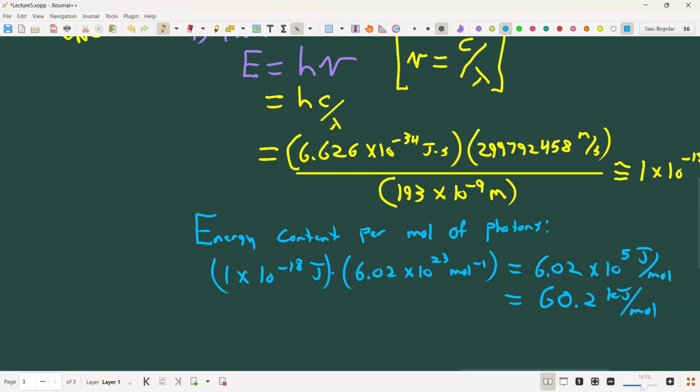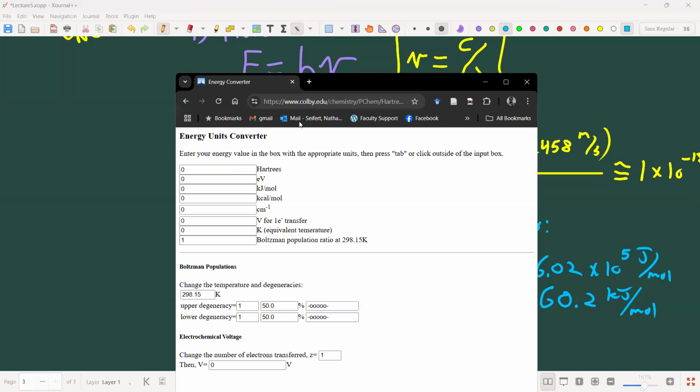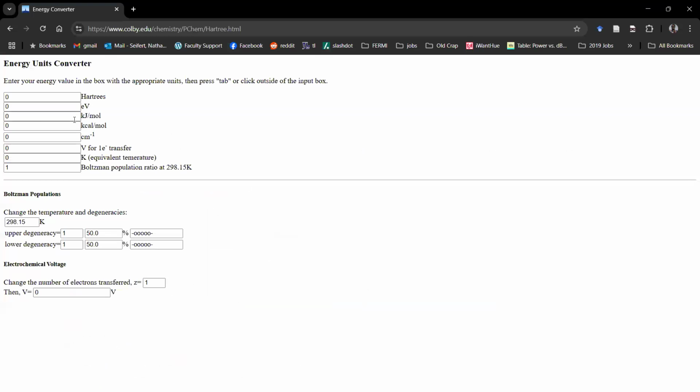So the question is, what temperature would you need to get 60 kilojoules per mole of thermal energy? You would need to set your heater to at least 7,000 Kelvin. The only place you could achieve this is on the surface of the sun.